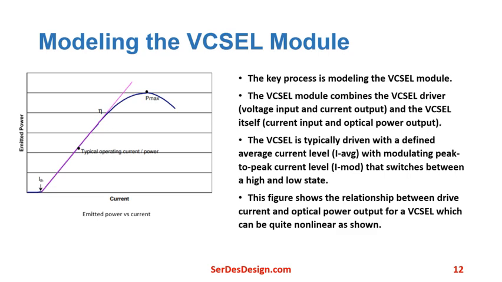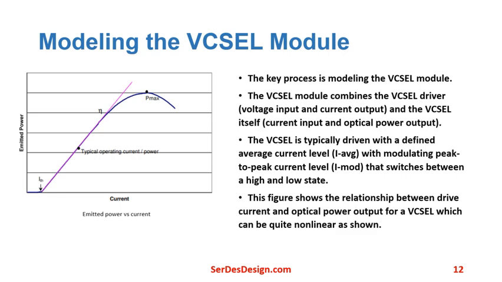The VCSEL is typically driven with a defined average current level with the modulating peak-to-peak current level that switches between high and low states. This figure shows the relationship between drive current and optical power output for a VCSEL, which can be quite nonlinear as shown.